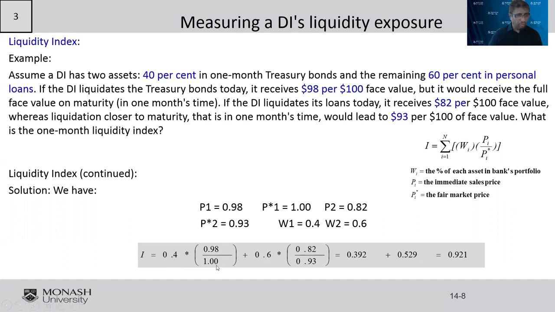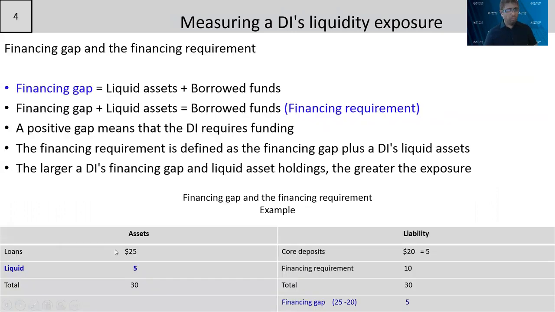And this is 98 over 100, just the P over the P star. And this is 82 over 93, and we get 92%. 92% means that if I liquidate, it will be 92% of my total assets. Of course, if I'm very liquid, this will be 95, 97, even 99. But this is what I will get if I decide to sell my assets today.